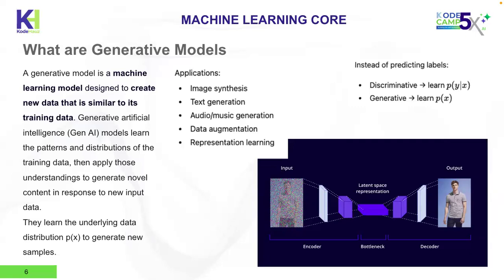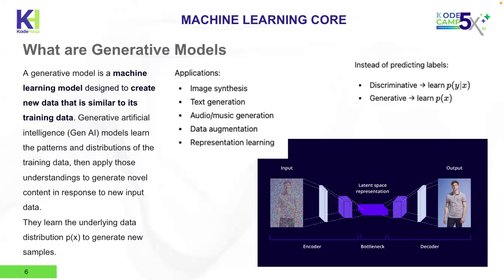It has an internal representation of the knowledge it has extracted from the data that you've trained it on, right? With that internal latent knowledge, it is able to generate new things in the same shape and form as the original data it was given, or maybe similar to the original data that it was given, right? So they learn the underlying data distribution and use that to generate new samples.